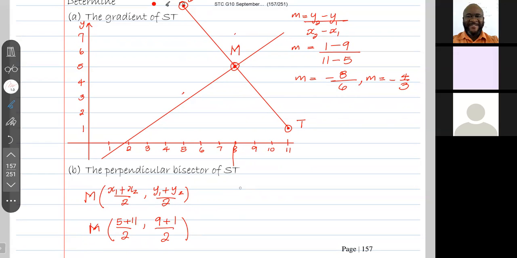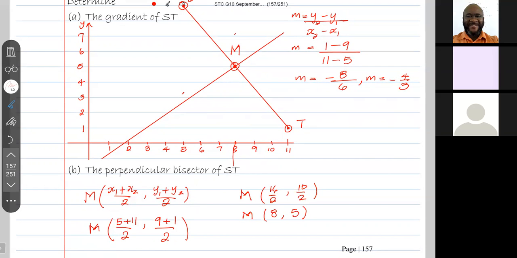So this means that M is the point 16 over 2, comma, 10 over 2. So M, the midpoint of the line segment ST, is the point (8, 5). So both observation and calculation agree that the midpoint of the line is (8, 5).